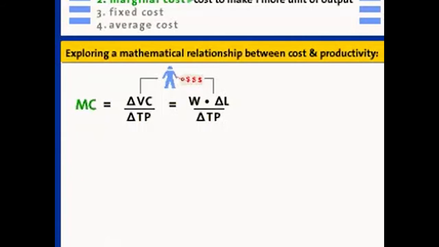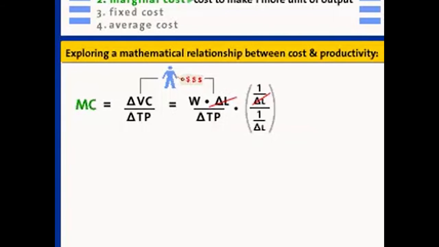I'm dividing the top fraction and the bottom fraction by the change in labor. And when I do that, I get this. I get the wage divided by the change in total product that results from a change in labor.